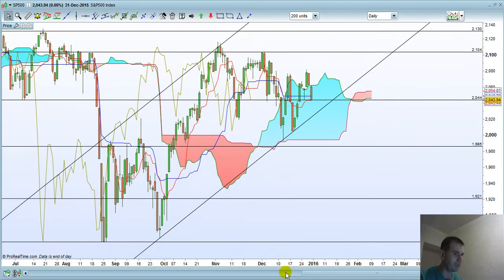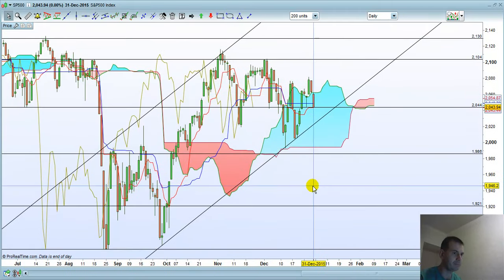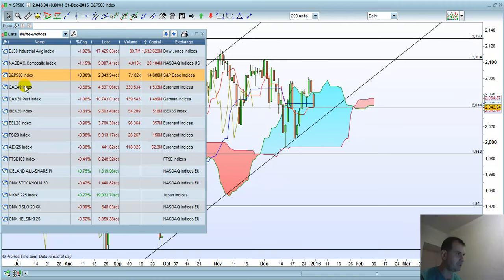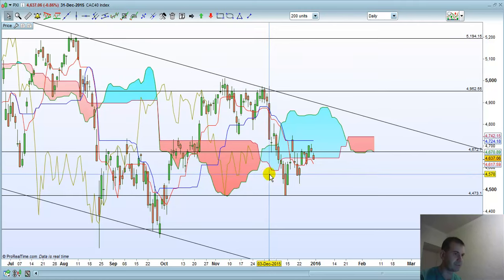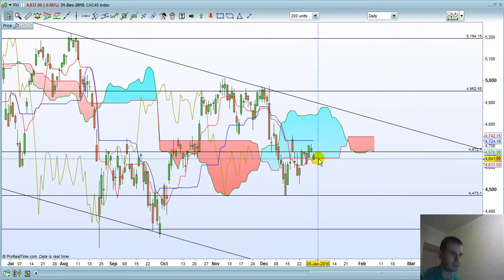So the next chart, next index, CAC 40 index, it's French index. What can we see here? The price broke down the level of 4,672.7 and keeps declining.